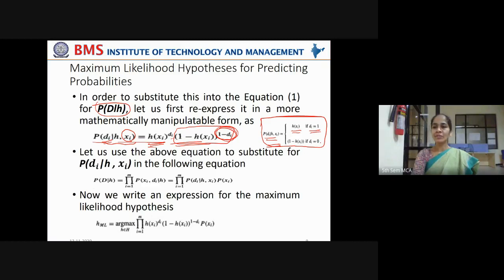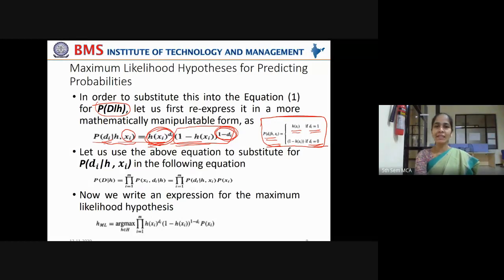That's all. Now say if di equal to 0, what will happen? This term will become 1, because anything power 0 becomes 1. Now in this case 1 minus di, that is 1 minus 0, is 1, so this power becomes 1. So it is 1 minus h of xi.